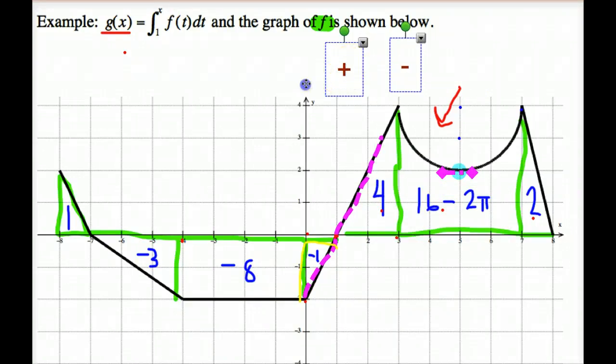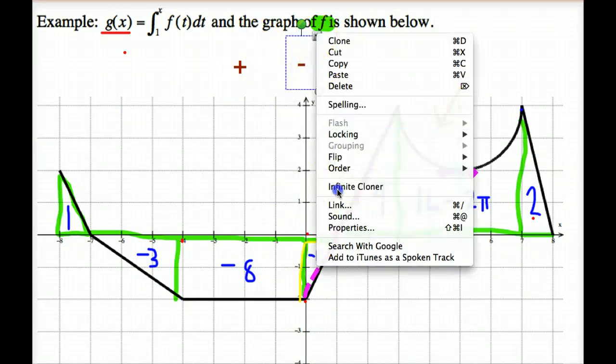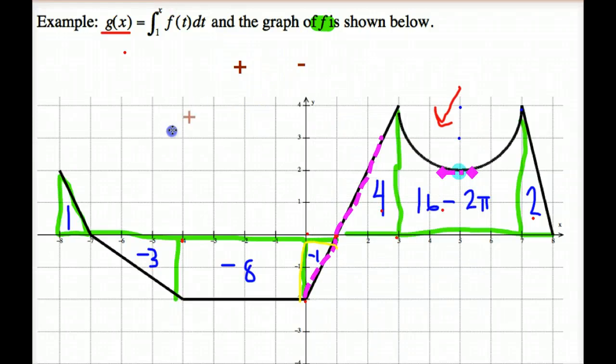So what we notice is, let's clone this. So on this side of the graph, everything is positive, right? And then everything here is negative, and below, the values are below the x-axis.